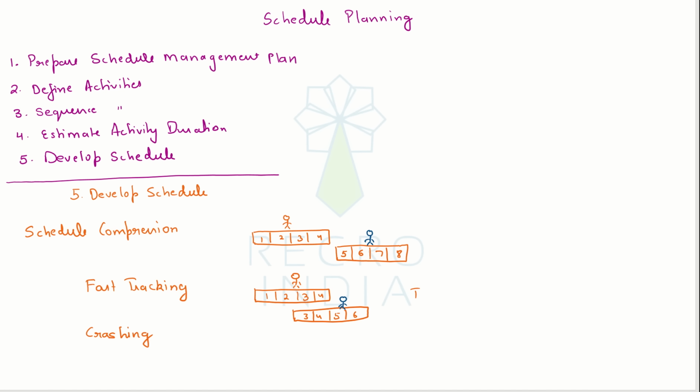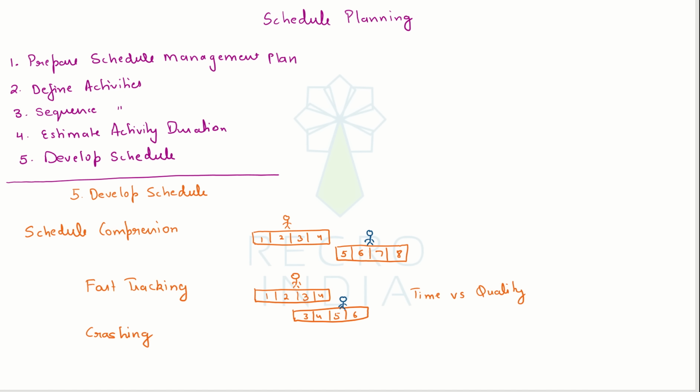However, if we are saying that originally we wanted to perform these activities sequentially and now we are running them parallelly, this might result in some quality degradation, because running the activities parallelly would mean that we are not following a best practice.